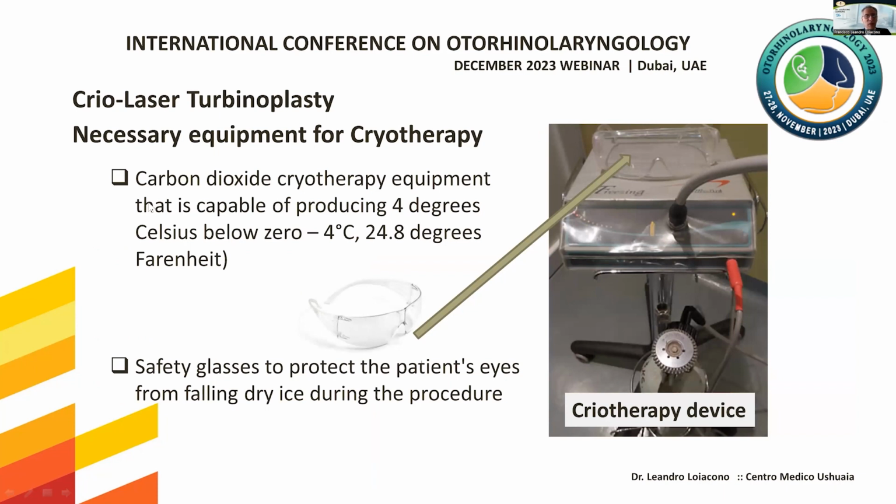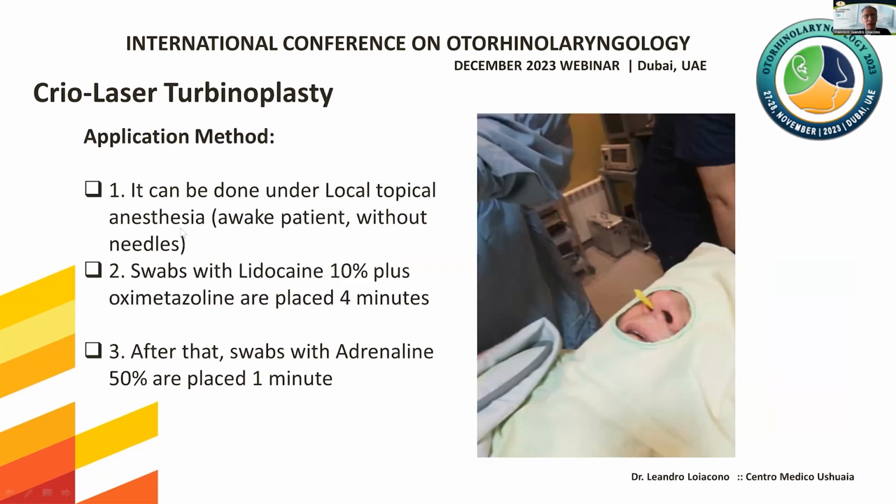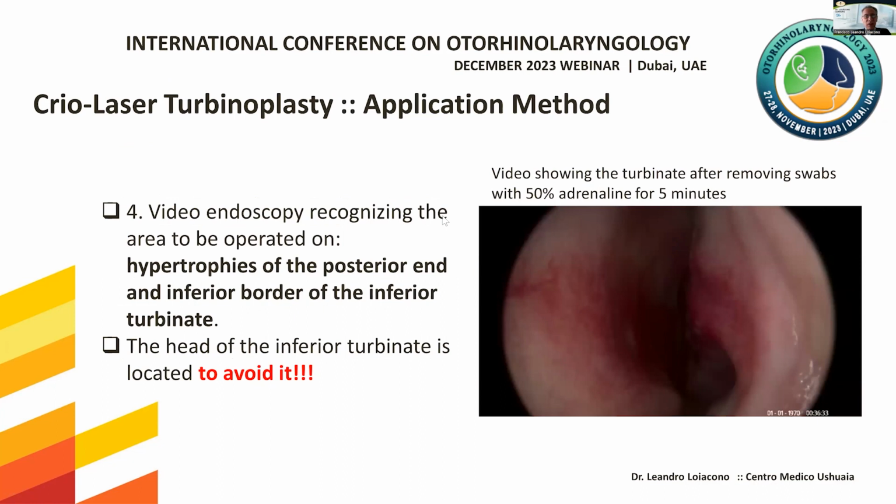It can be done under local topical anesthesia without needles. Swabs with lidocaine 10% plus oxymetazoline are placed 4 minutes. After that, swabs with adrenaline 50% are placed 1 minute.